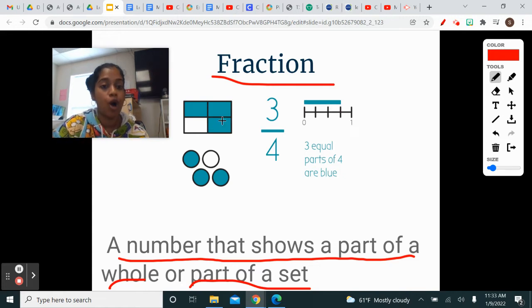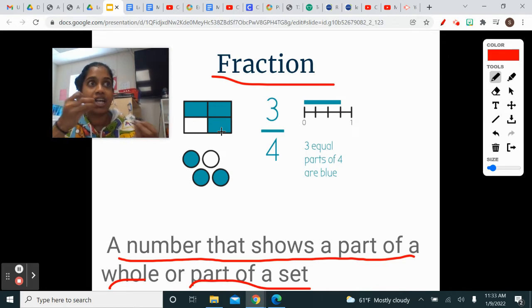Like right here, we have parts of a whole, and right here we have parts of a set that are shaded in blue, right? And then the other important thing to remember about fractions is that each of our pieces, each of our portions, has to be the same size. If it's a different size, then it can't be a fraction. Or if it's measuring, it has to measure the same amount, right? So that's really important about fractions.